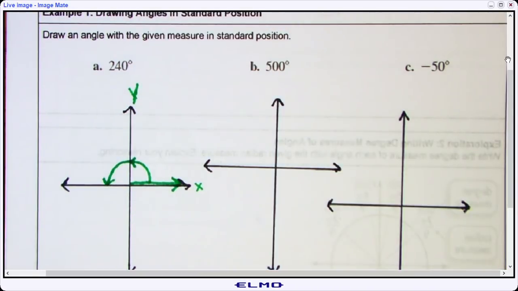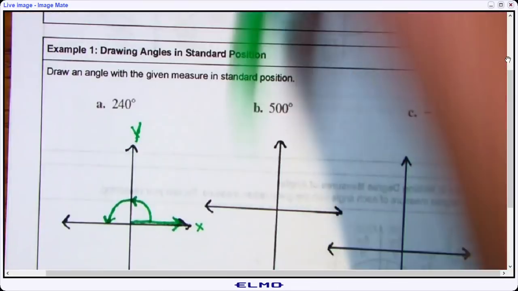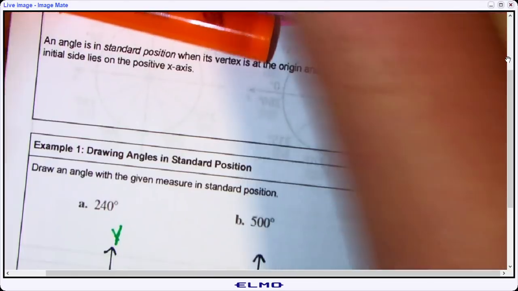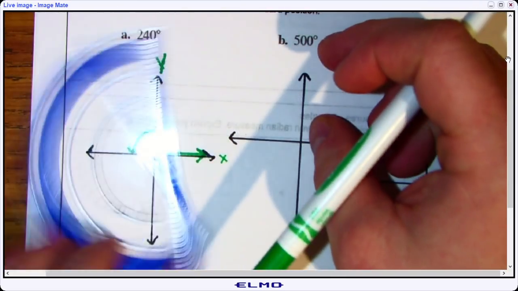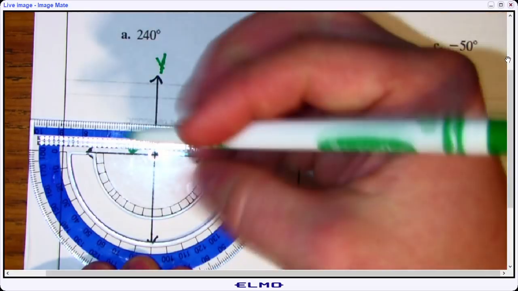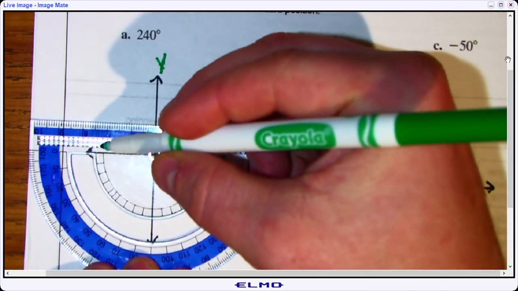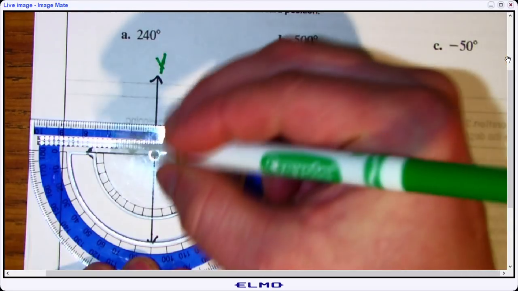So now we can use a protractor. Fix it along the origin. We were at 180 degrees starting here, going all the way around.